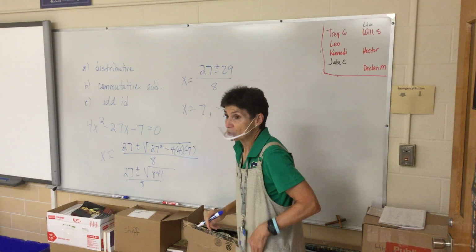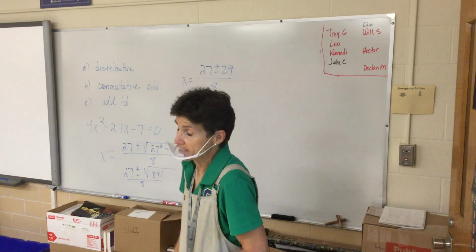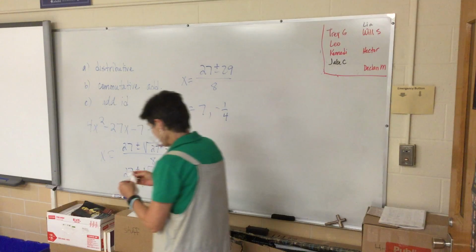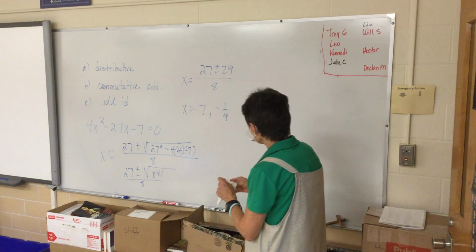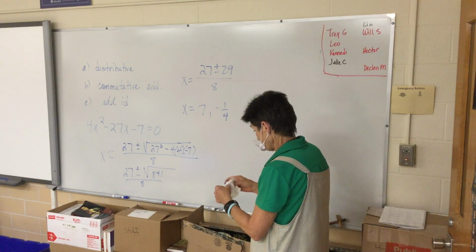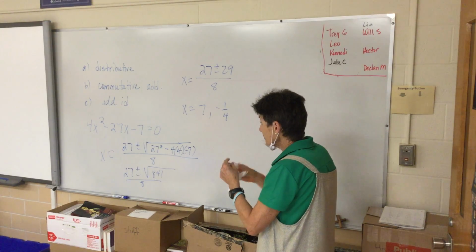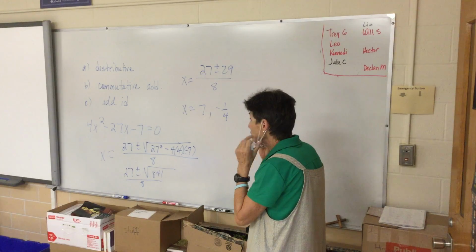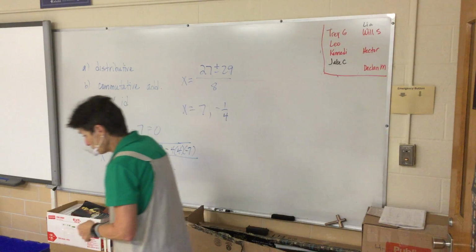So our answers actually work out nicely this time. We don't have any kind of weird stuff going on. That problem would have factored. So if you noticed that and factored it, that would work too.